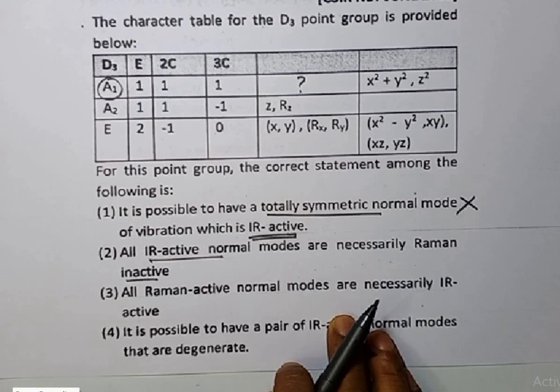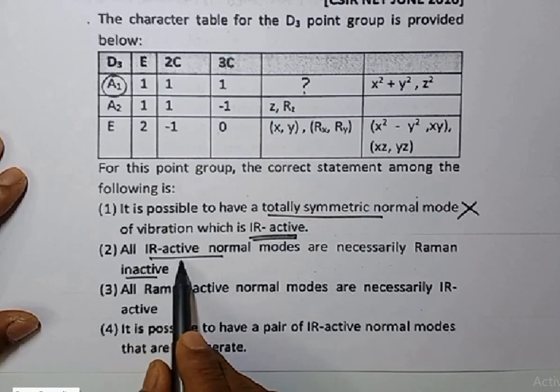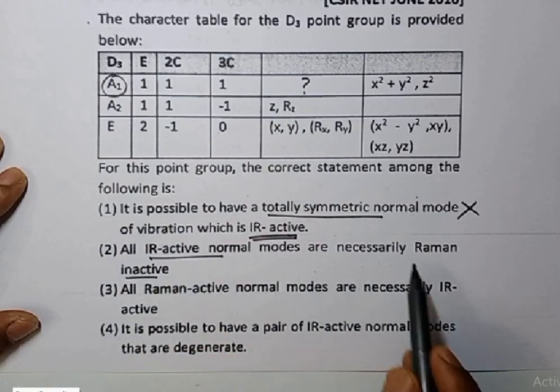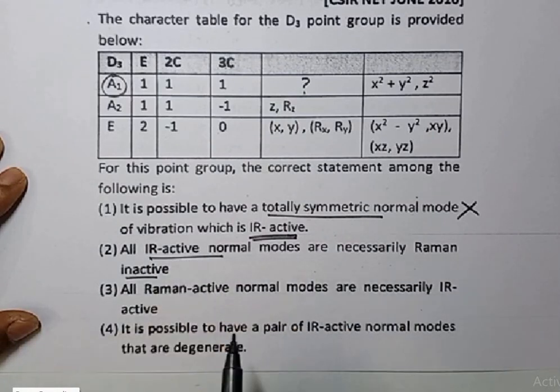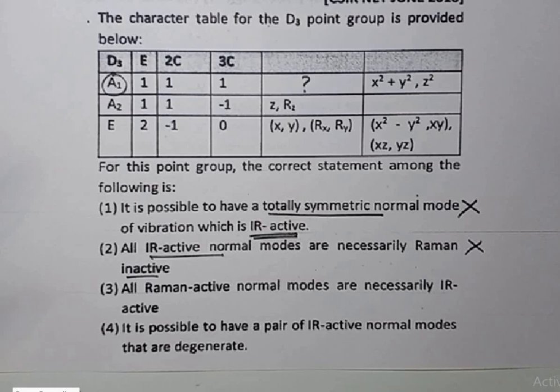Similarly, vibrations which are Raman active are not active in IR. This is possible only if centrosymmetry exists. But here there is no centrosymmetry, and they are saying that all IR active normal modes are necessarily Raman inactive. No, this is also a wrong statement. IR active normal mode can also be Raman active. Centrosymmetry is not there.